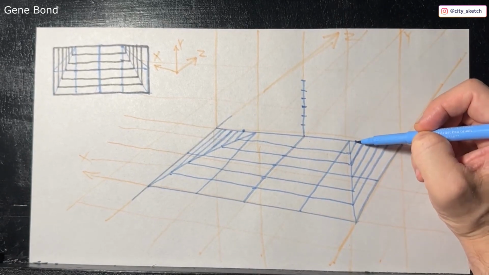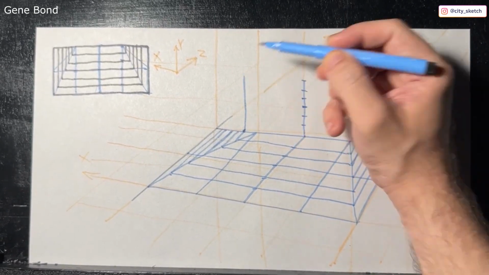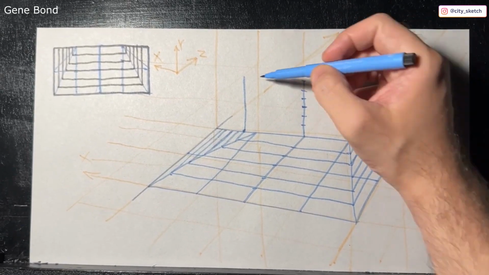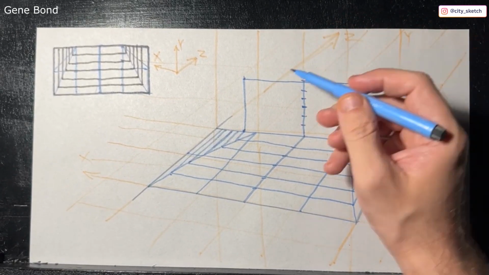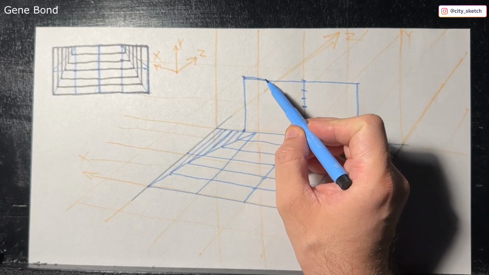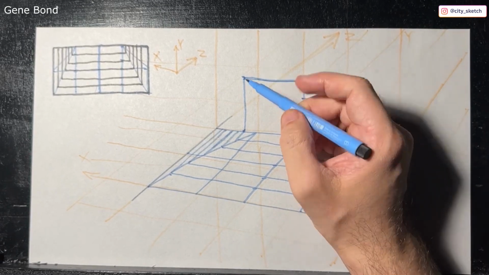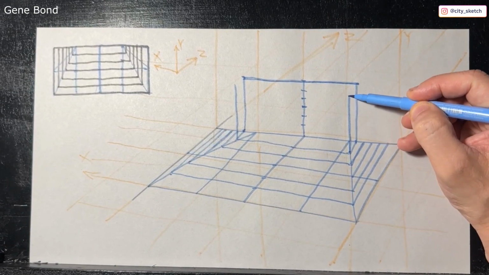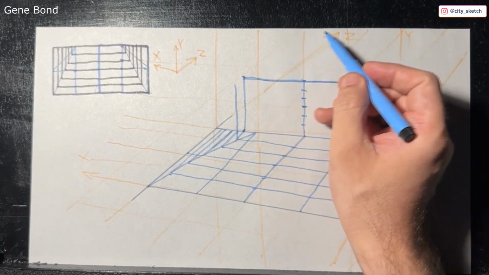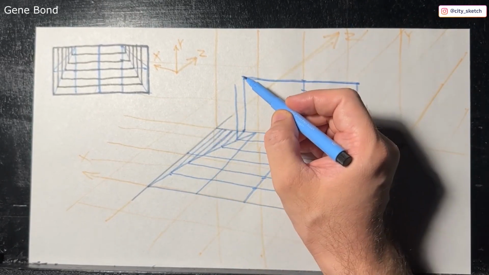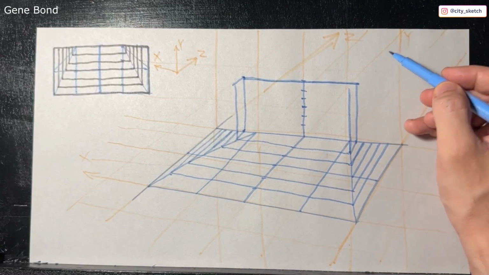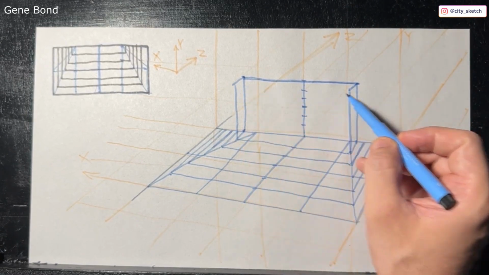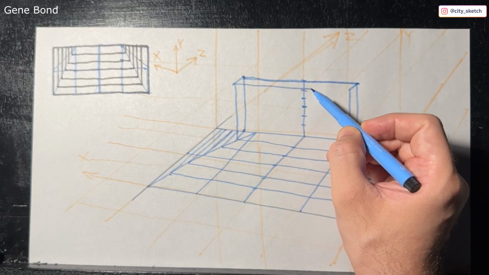Let's say start from this one, the highest step, highest thread. You see, I snap to the perspective grid, I follow the direction of the axes: this vertical is the y-axis, this is a z-axis, and this z-axis here, and this is the x-axis.